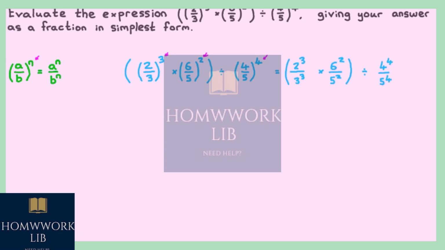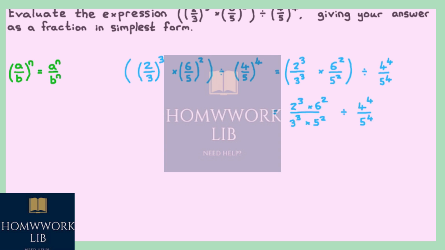We can apply this result to evaluate each of the fractions raised to an exponent to get 2 cubed over 3 cubed times 6 squared over 5 squared, all divided by 4 raised to the 4th power over 5 raised to the 4th power.